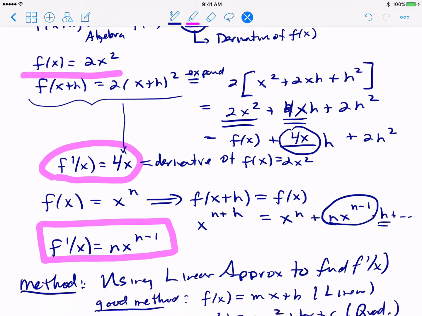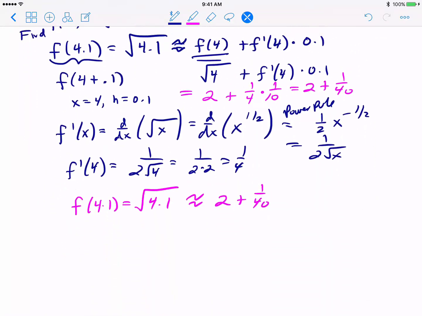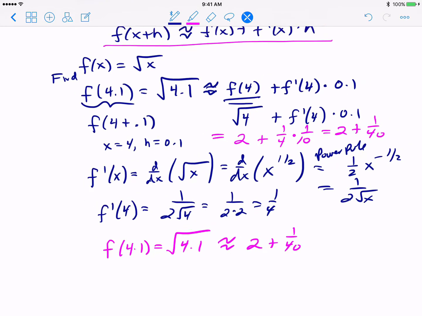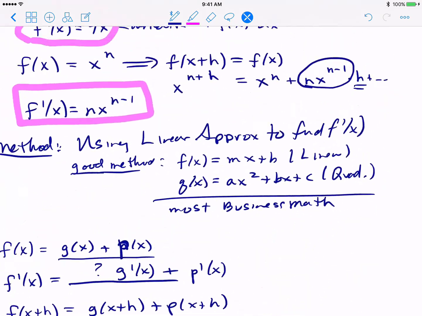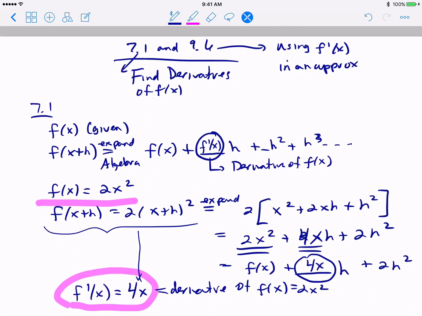Once you have f prime, you can use this idea in the linear approximation problem to approximate a function, say square root of x, in this case the square root of 4.1, at a particular value of x, which is 4, and you can use this star formula right here. So that would be just a quick video on showing how Professor Osborne is using his linear approximation method to do derivatives and approximations.